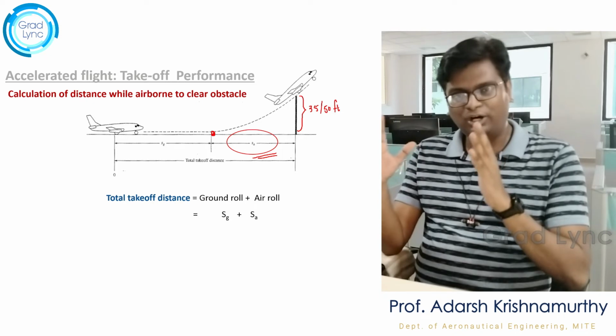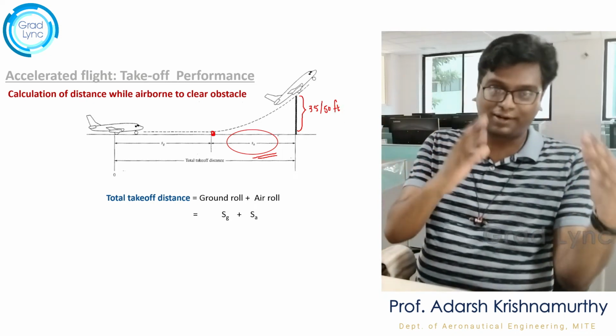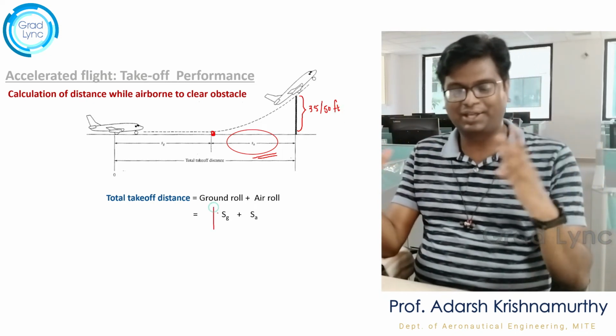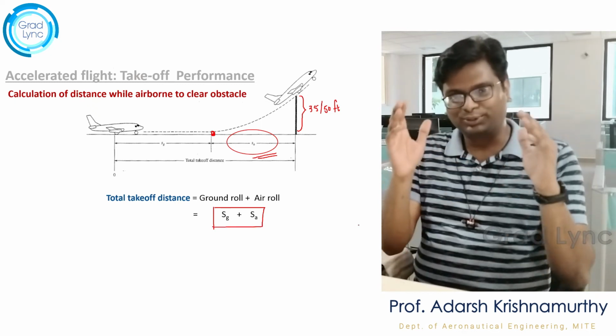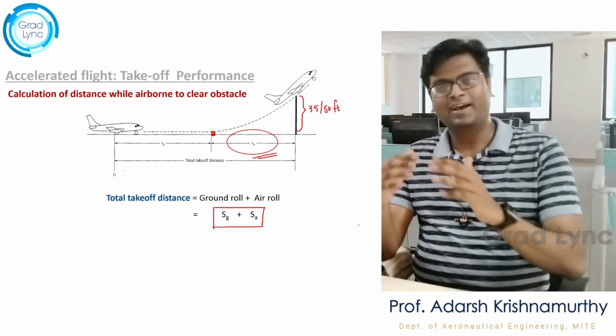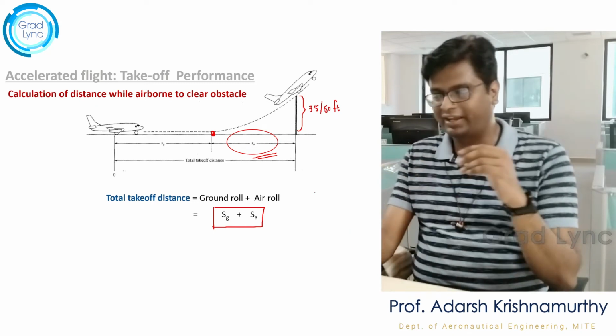The sum of air roll and ground roll is the total takeoff distance for the aircraft. Clear? So ground roll we just calculated, air roll we will be calculating now.